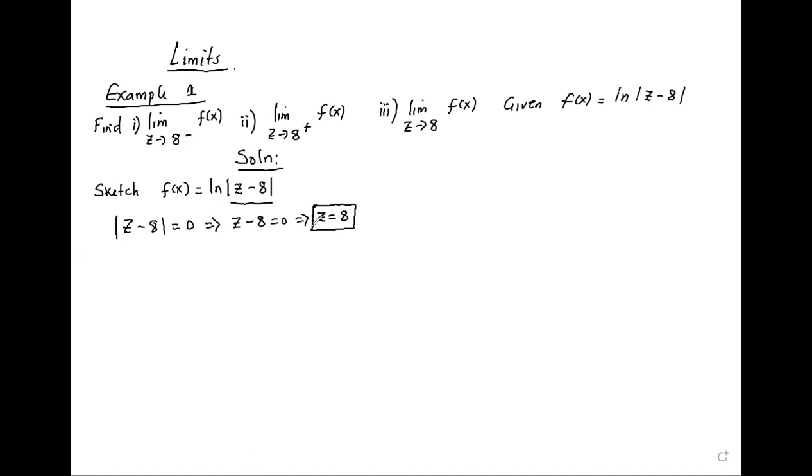This is called the vertical asymptote. So when sketching, so far we have found the vertical asymptote, which is 8. I'll put it here.